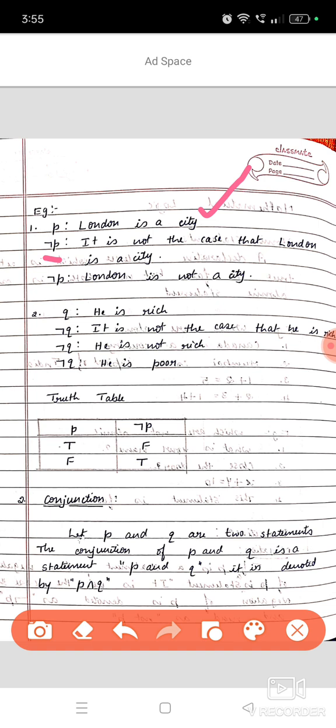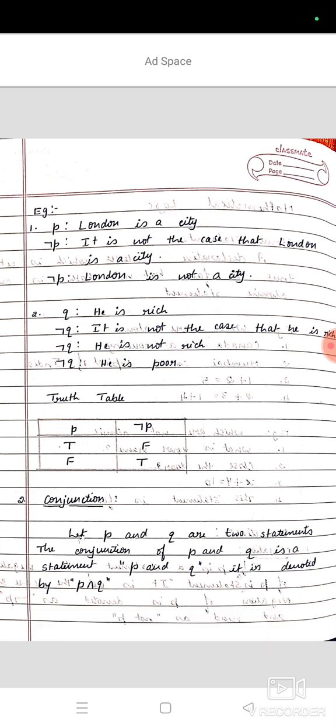Before the sentence, we have to write it is not the case that. One more way we can write is a usual negative statement: London is not a city. This is also a negation, but this one is not according to the definition.